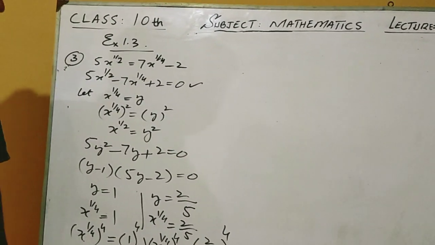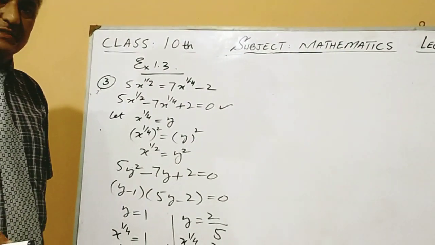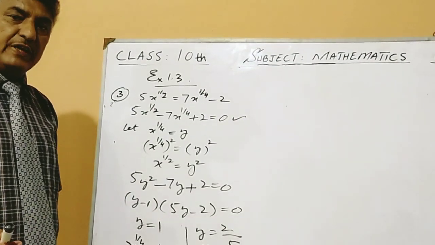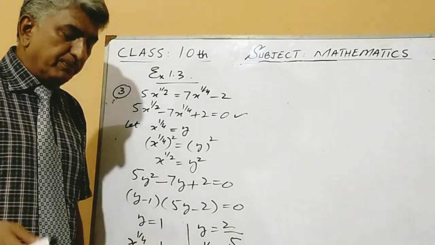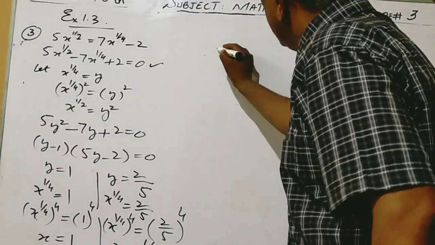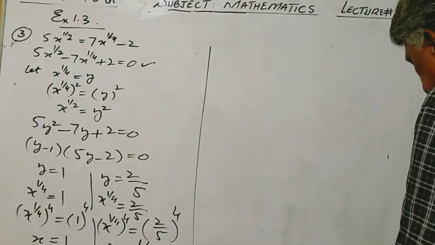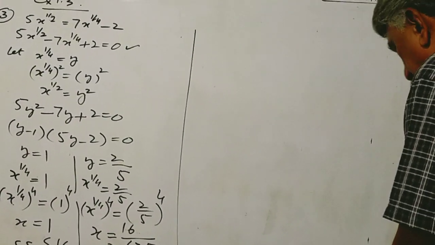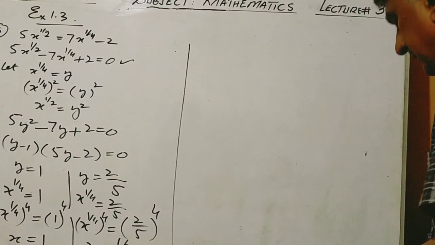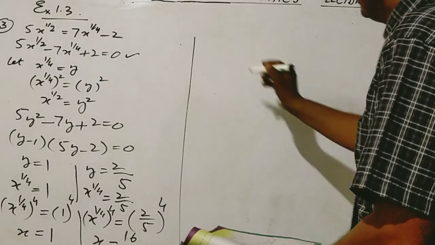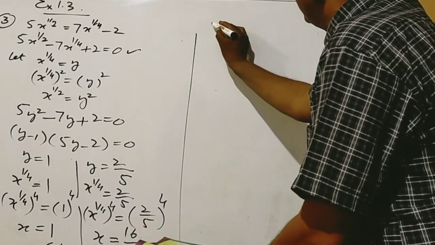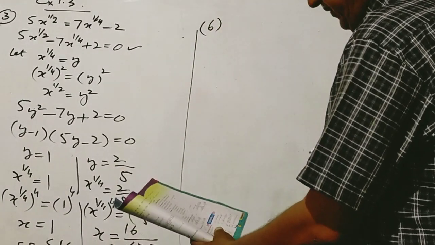Already I have mentioned here that there are 5 types of equations in your syllabus, in your book. So now I am coming towards the second type. I am taking a question which is related with the second type.